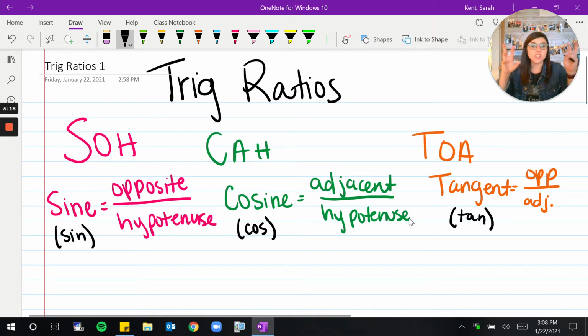So these are like your rules for this. You'll want to keep this where you can see it and know SOHCAHTOA, sine, cosine, tangent. All right, we're going to start with sine, then we'll look at cosine, and then tangent. And again, it's just setting it up today. So all we're looking at is writing these fractions.